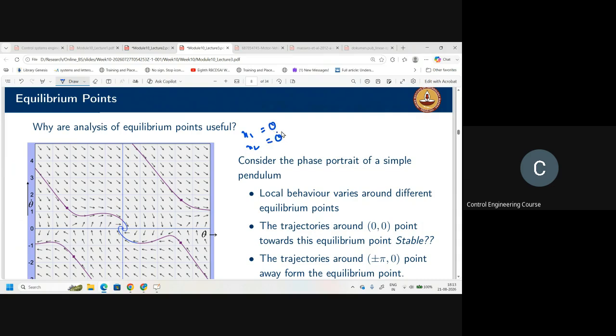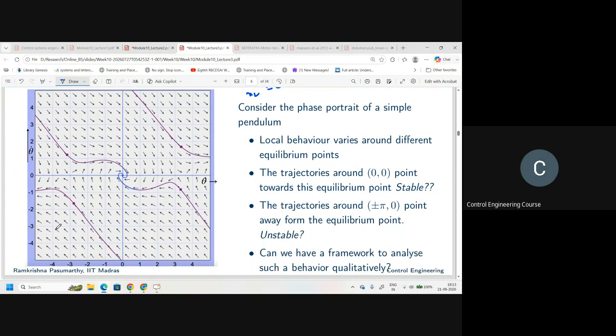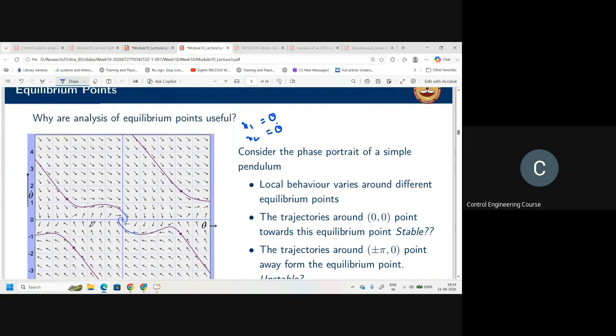The plots are drawn between theta and theta dot, and that is called a state phase portrait. We already know that at 0, 0 you will have one equilibrium point, and another one is n pi comma 0.